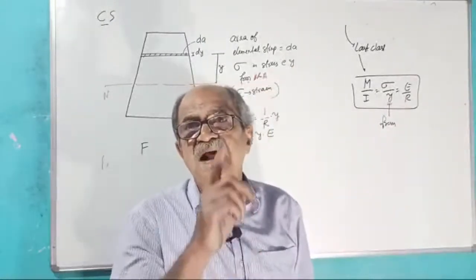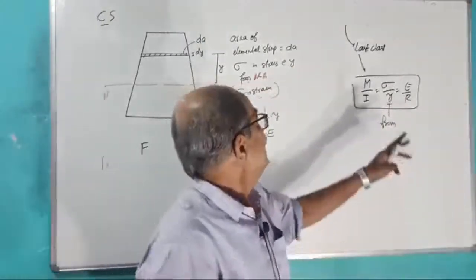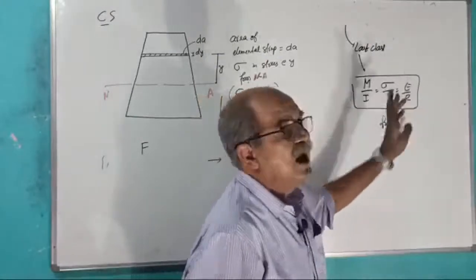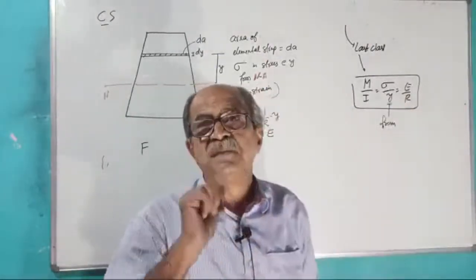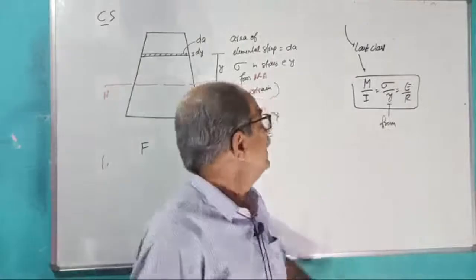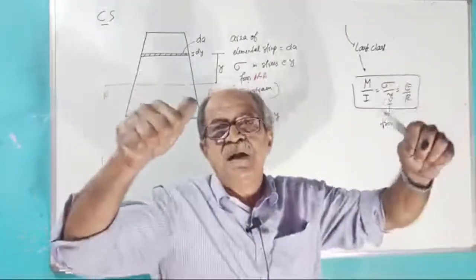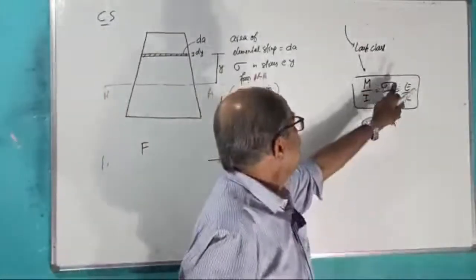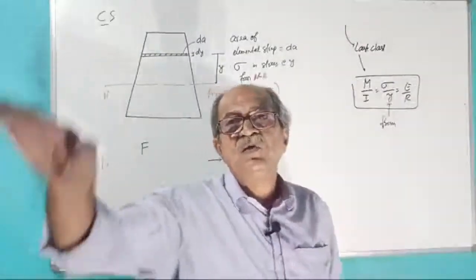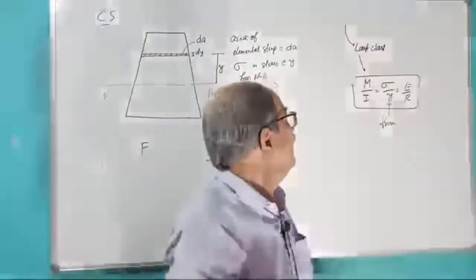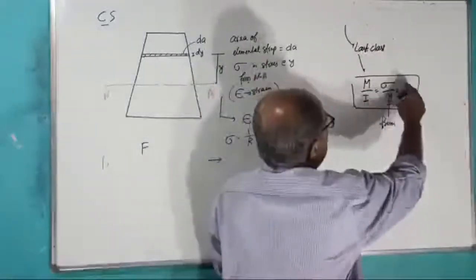That is called the strength part. Whereas M by I equal to E by R, that is called the deformation part. When you want strength, the resisting capacity for bending moment, M by I equal to sigma by y. When you want to find deflection, then M by I equal to E by R.